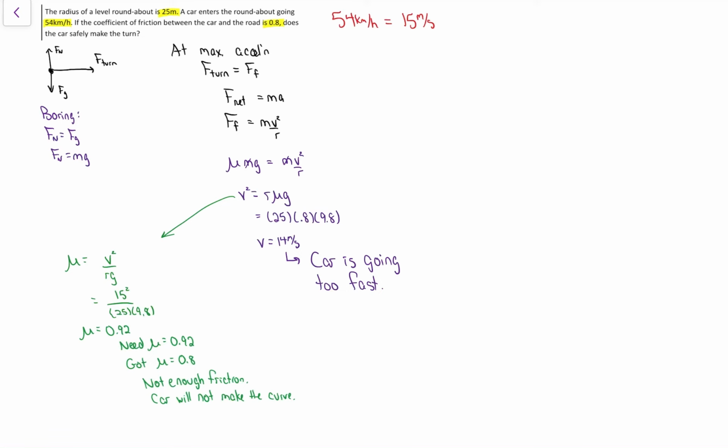A third way would be use our v squared equals rug equation, calculate the radius needed. If the coefficient is 0.8, then the speed is 15. You can, if you're bored, try that one. See what you calculate as a given r, and then compare that back to what's given as the r. And I guess another way you could do it is calculate the 9.8. Ignore 9.8, calculate g. Do we have enough gravity to trigger the friction needed to make that curve?